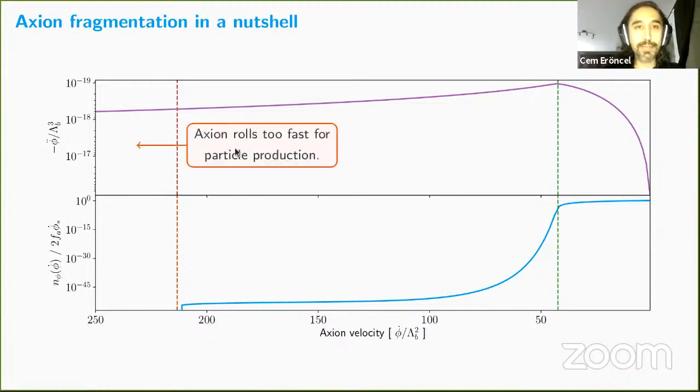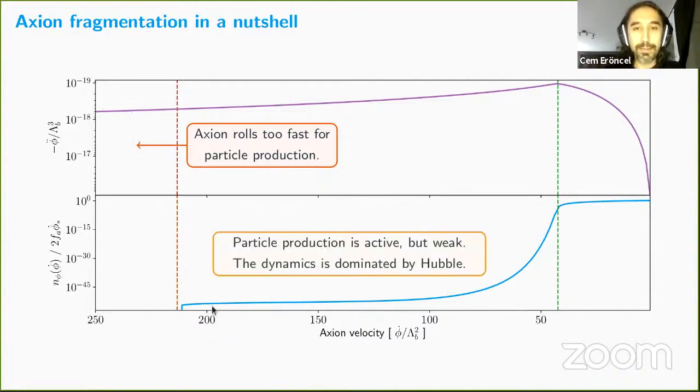In this regime, as Philip also mentioned, the axion rolls too fast for particle production. So the time a momentum mode stays in the instability band is very short. Therefore, there is not enough time for this momentum mode to grow exponentially, and we don't have any fragmentation in this regime when the axion velocity is high.